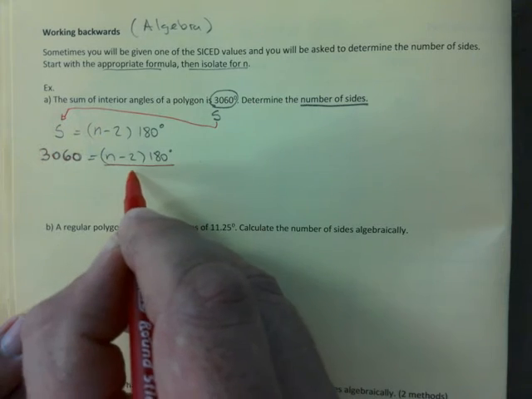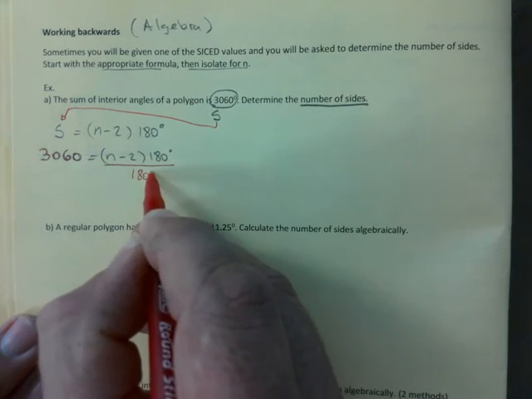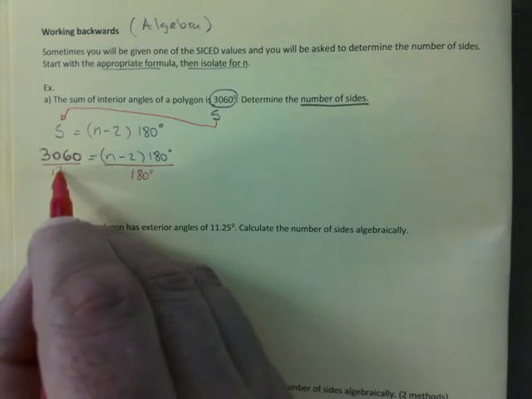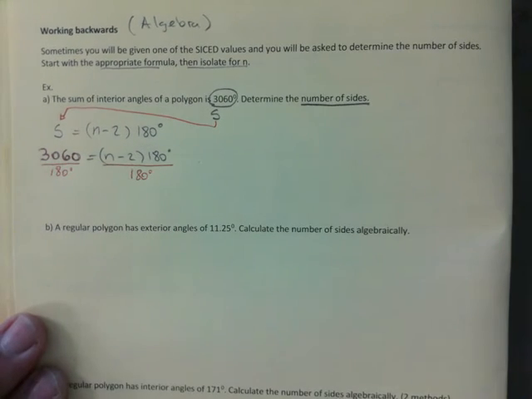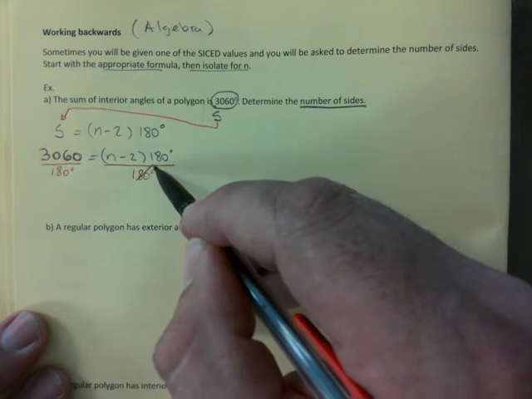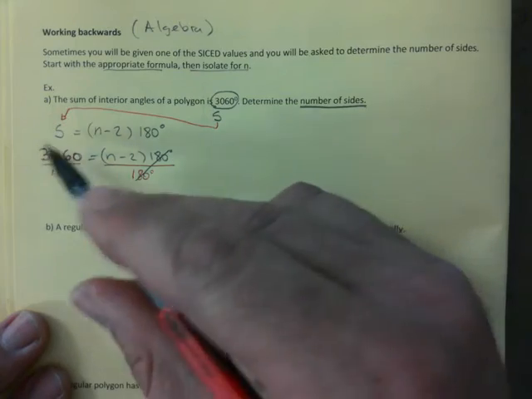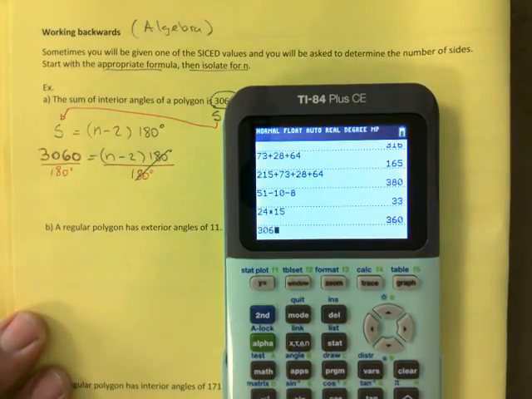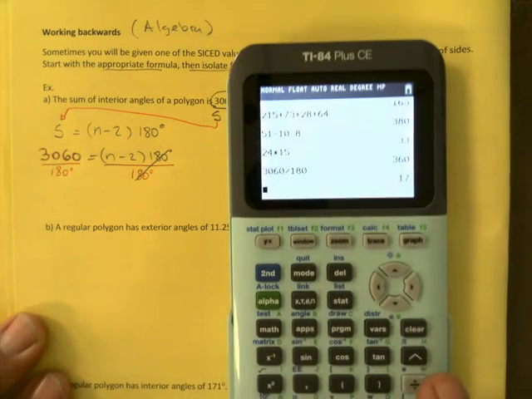I would rather divide both sides by 180 degrees to cancel them out. It saves you from having to FOIL it. You remember that? FOIL? So you cancel that on the right side, and on this side you go 3060 divided by 180. That's 17.